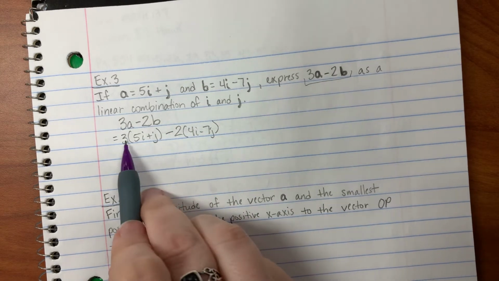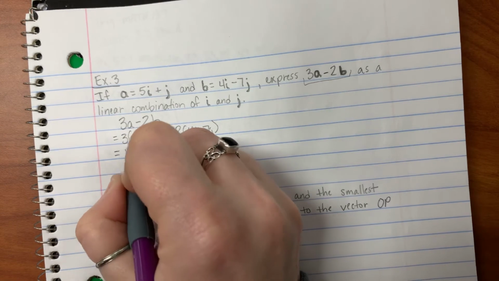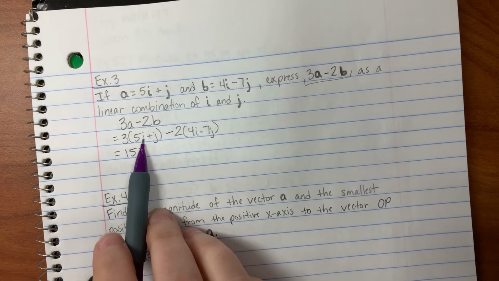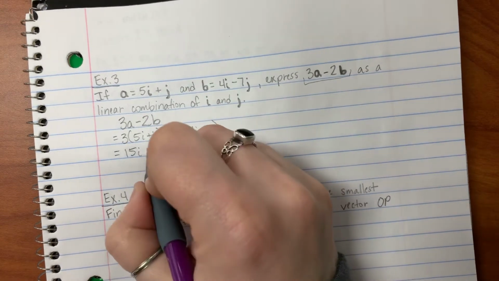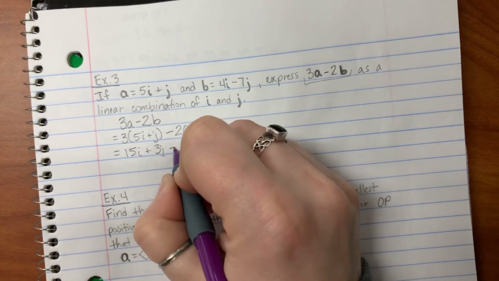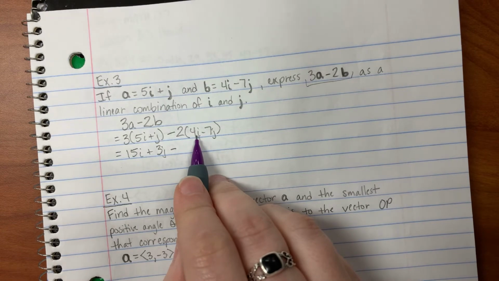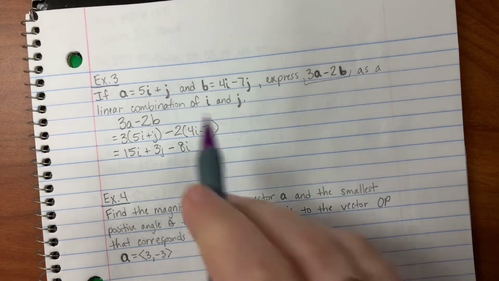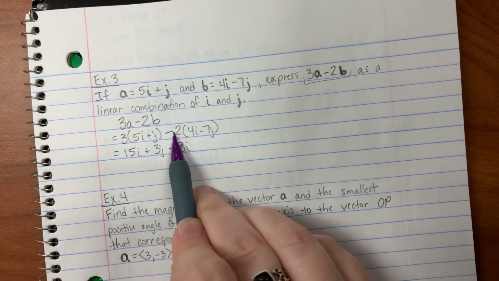Then I'm going to go ahead and distribute. So this literally is just like your Algebra 1 stuff, okay? So that's 15i. This would be 3j, so plus 3j. Minus, right here, I have a 8i. And then I am going to go ahead and distribute this negative here.